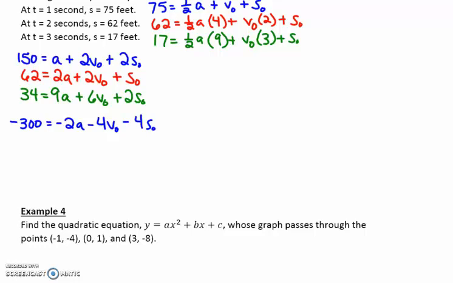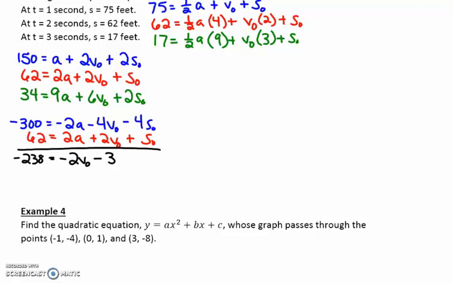And then I'm going to add the second equation to that. Just rewriting it. Okay. And so then that will give us -238 equals, those cancel. So then -4v minus 2v, or plus 2v is -2v sub 0 minus 3s sub 0.